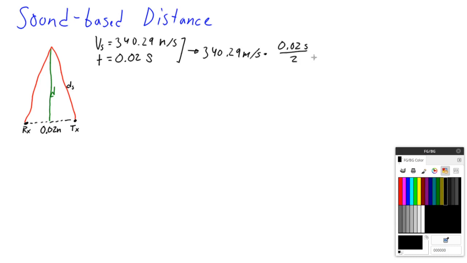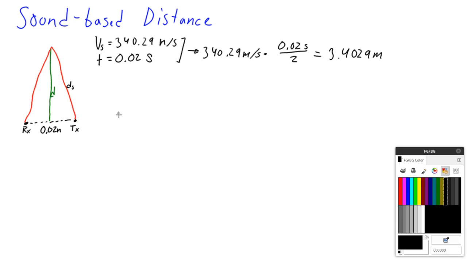I'll just put that in there so we have it. And so we work that out, and it comes out to be 3.4029 meters, right? That's how far, that's this distance right here.